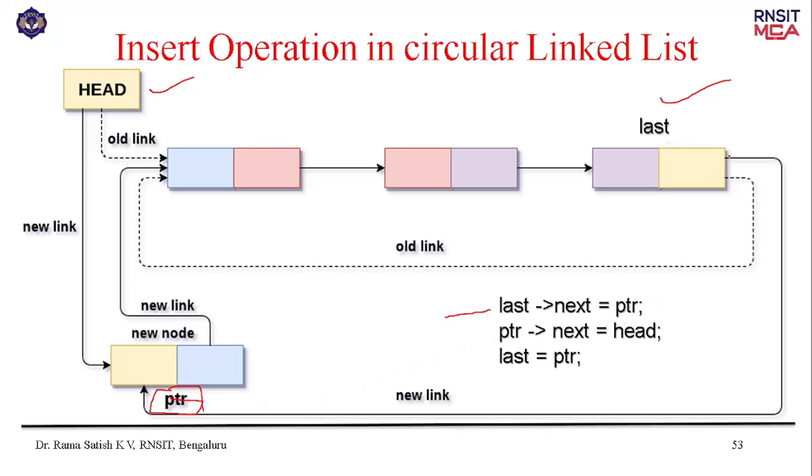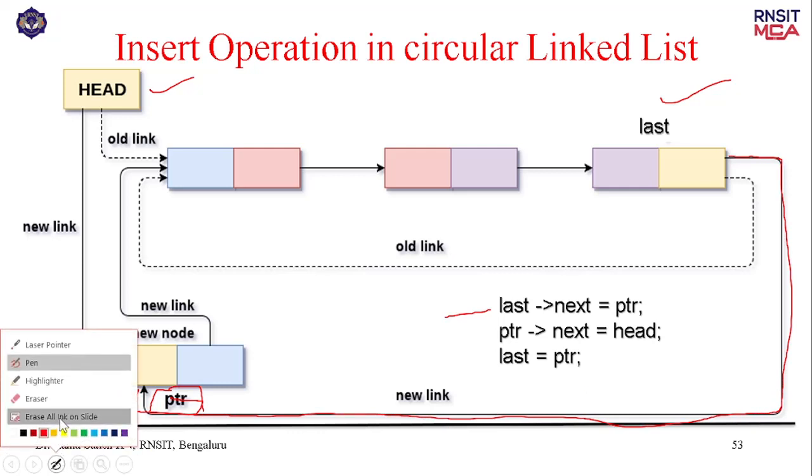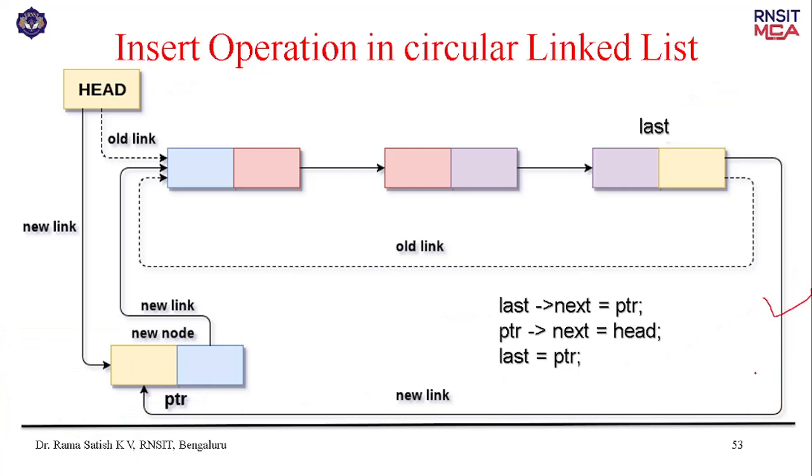So what happens? This line gets activated, and it is going to execute first. So the last pointer's next link will be pointing to PTR. This first step is done.